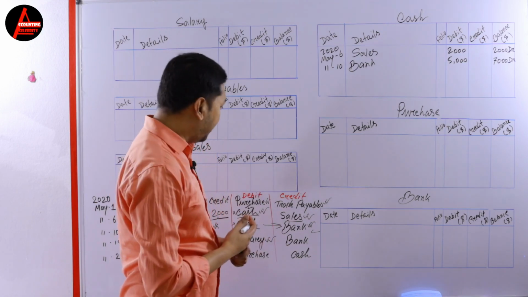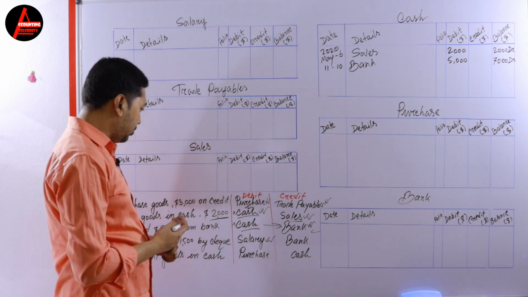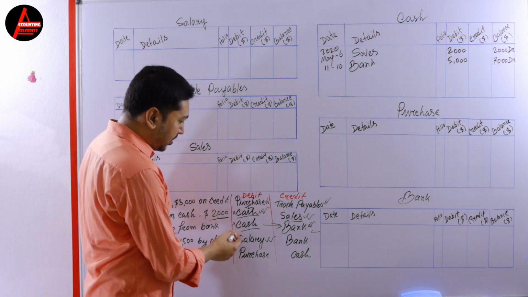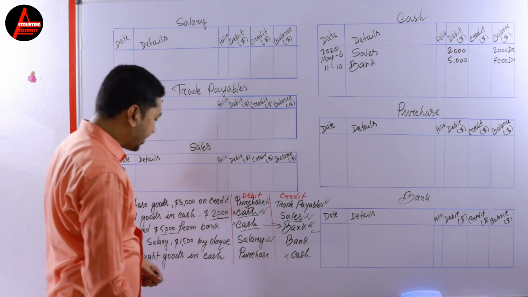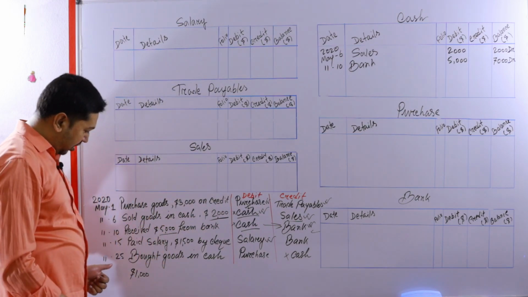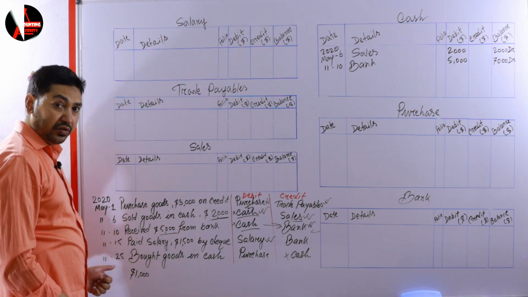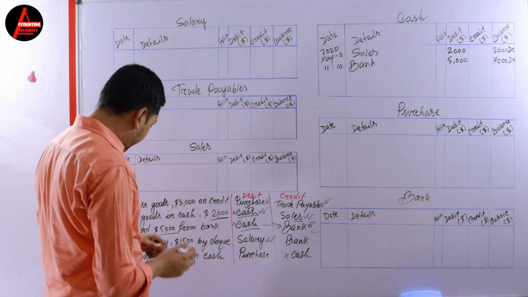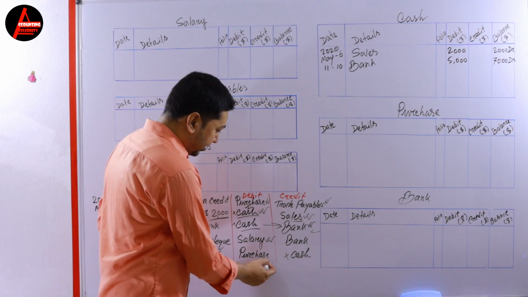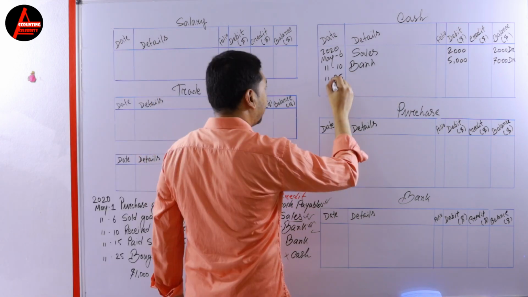Now check any more cash you have or not. So this cash is over. So yes, we have again cash on the credit side on May 25th. So here the opposite account is purchase. May 25.